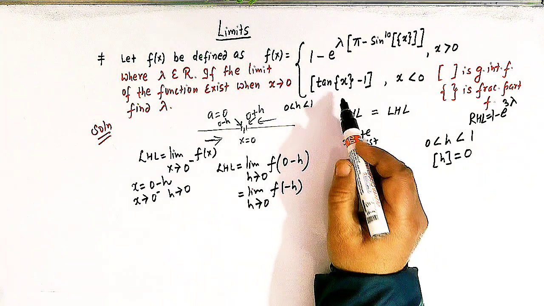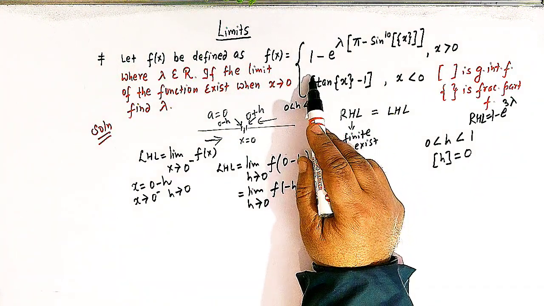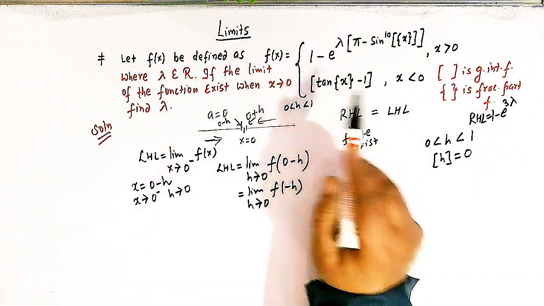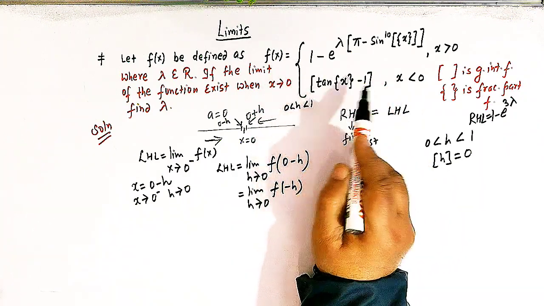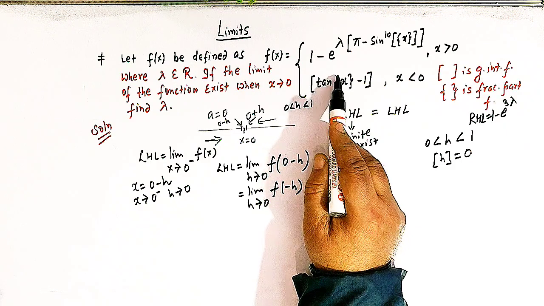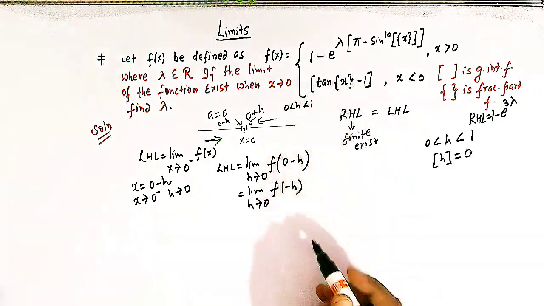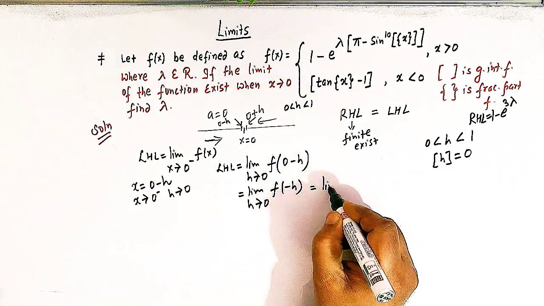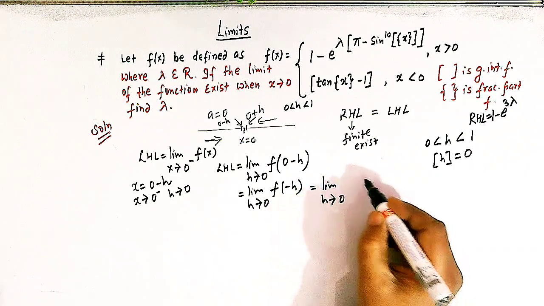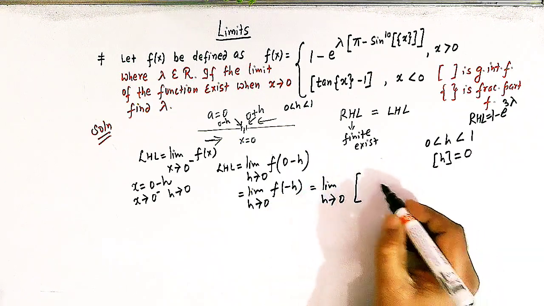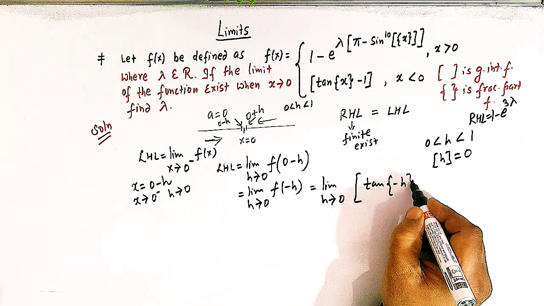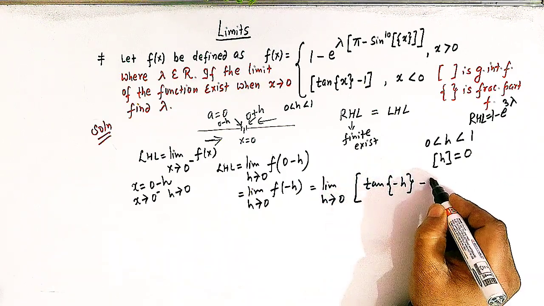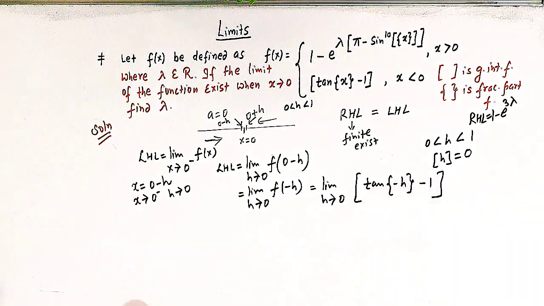Now here we have the function that for x less than 0, f of x is the greatest integer of tan of the fractional part of x minus 1. So now we have limit h tends to 0 of the greatest integer of tan of the fractional part of minus h, minus 1, right?